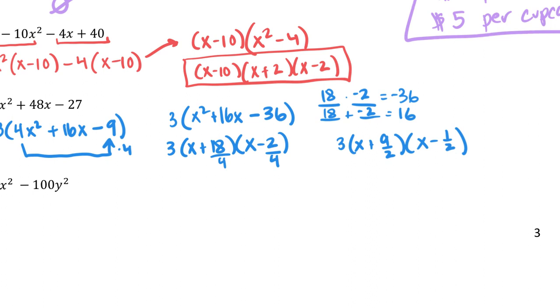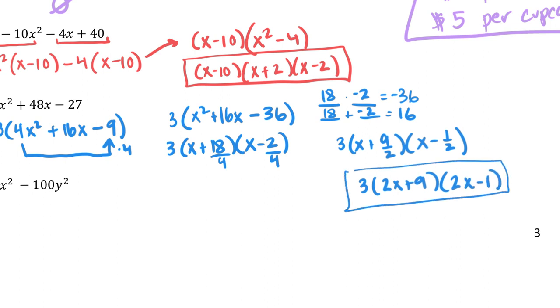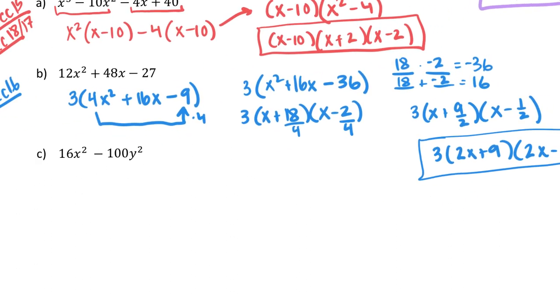And let's bring our denominators up. So we've got 2x plus 9, 2x minus 1. And that's our factoring. We have to bring our denominators up because we are not solving. We are factoring, so we need to write the actual factor. So there we go. That is factoring B.